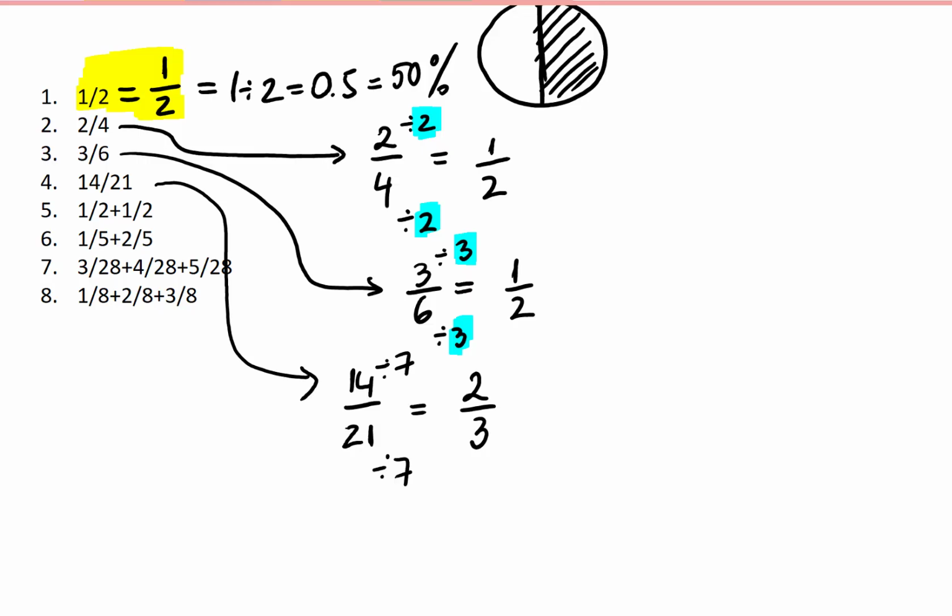You can also divide 2 by 3 and get 0 point, and you will see the calculator gives you all these 6s, and then maybe it rounds to a 7. So it depends on how many decimals you want to round to.